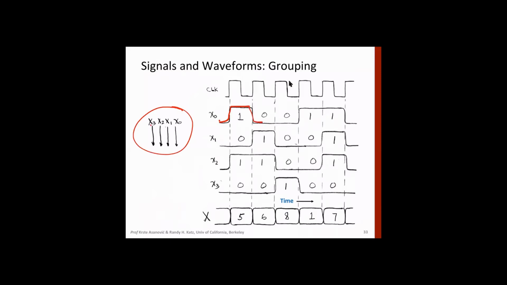Like x0 in the first clock cycle is 1, in the second clock cycle 0, third is 0, and so on. Similarly, x1 is also changing: 0, 1, 0, 0, 1, and so on. So it means that in the first clock cycle, the value of these 4 bits is 1, 0, whatever here, 1, 0, 1, 0.